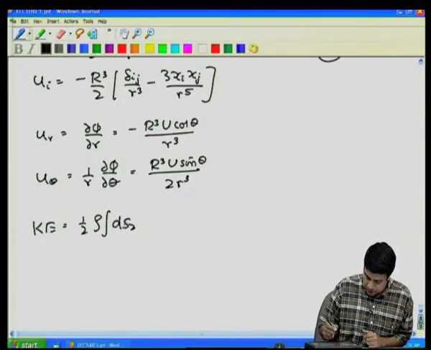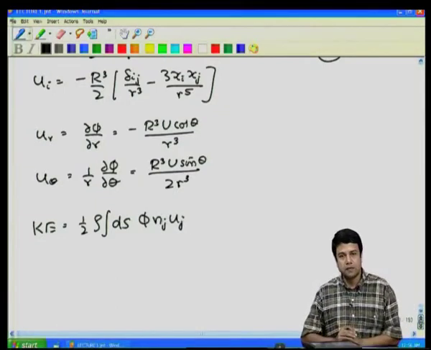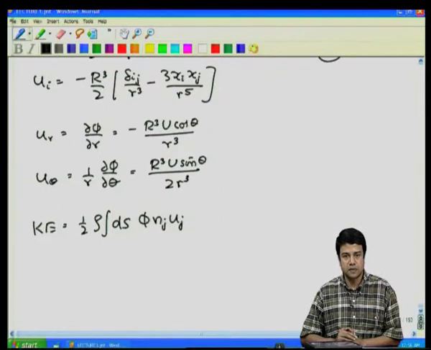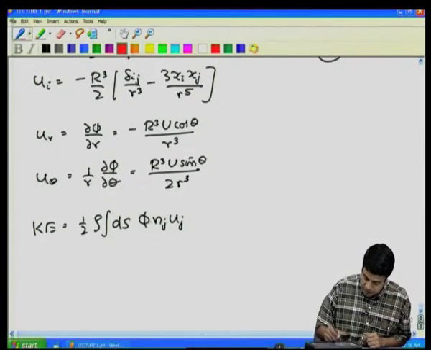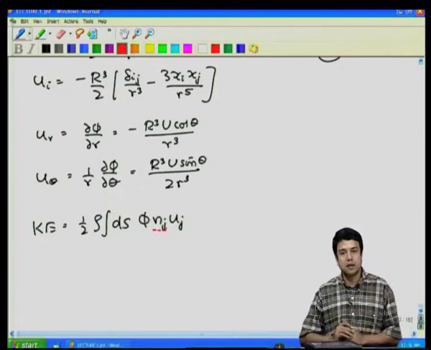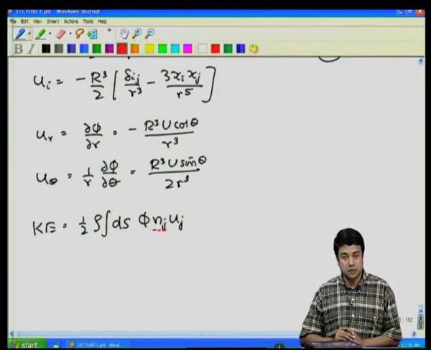If you recall, I just derived for you that the kinetic energy can be reduced to just an integral over the surface, half rho integral over the surface dS of phi n_j U_j. In this, n is basically the outward unit normal to the fluid.